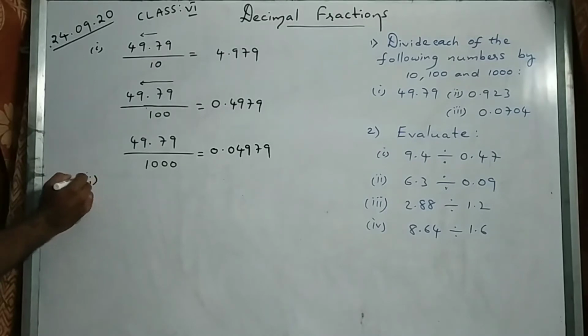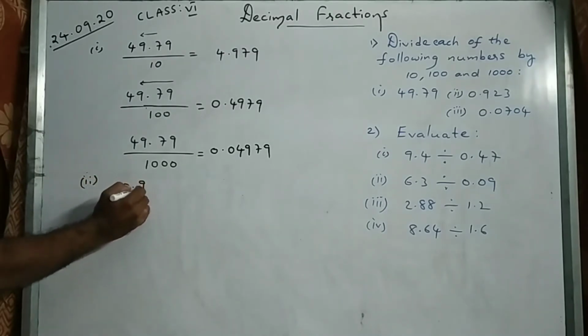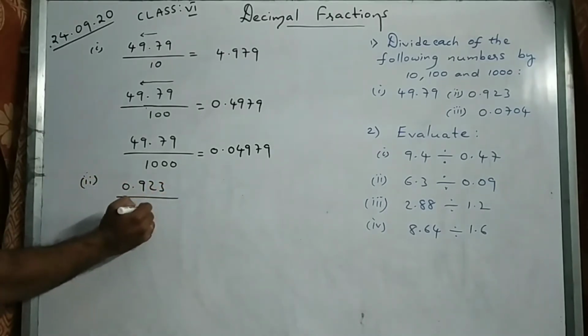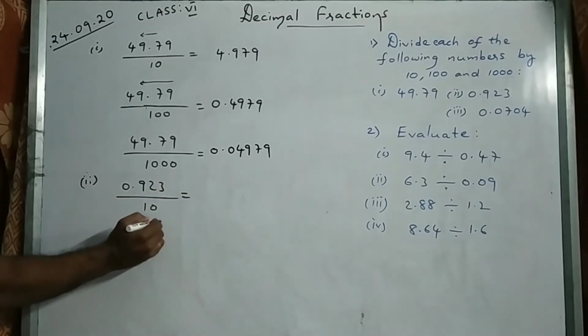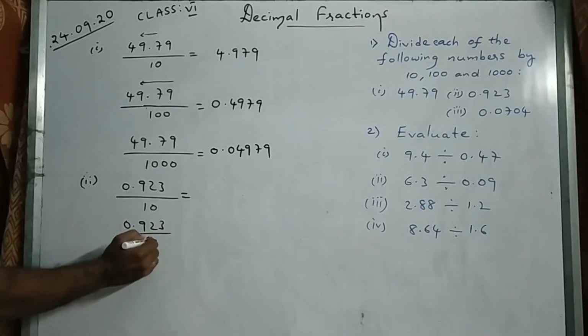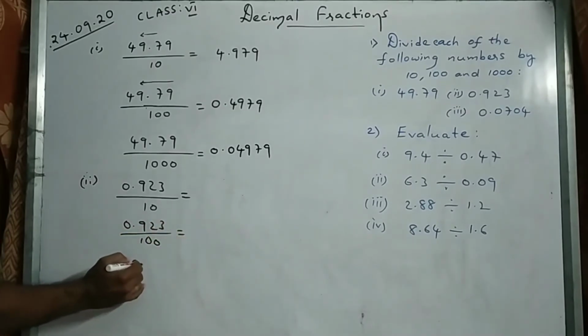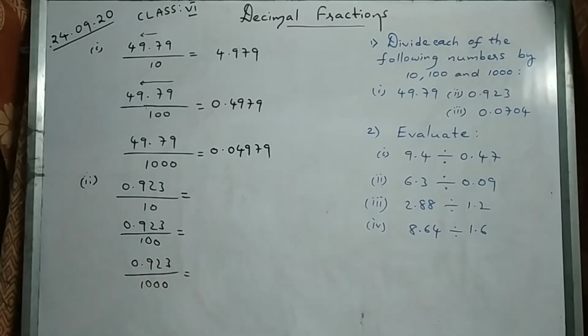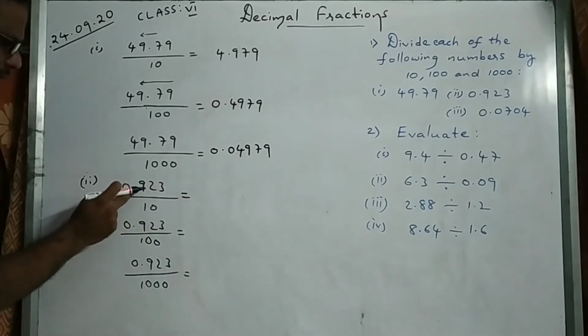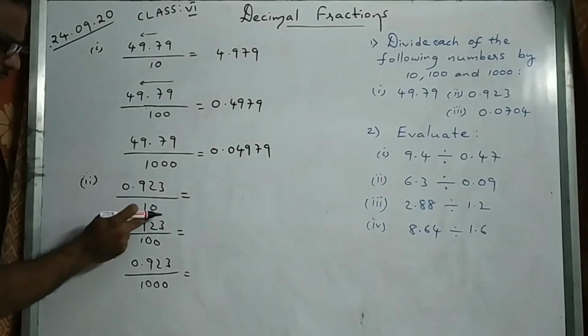Similarly, second one you look at: 0.923 by 10. Similarly, 0.923 by 100, 0.923 by 1000. So look at this. As I told you, the decimal point will be moving towards the left side one digit.